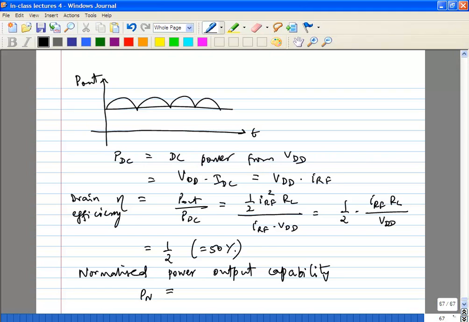So this basically gives you an idea, if you're delivering a certain amount of power, how much stress are you placing on the device? Because the more the voltage swing at the drain of the transistor, the more voltage stress you have. If you are delivering a lot of current, running a lot of current through the transistor, it will cause a lot of current stress.